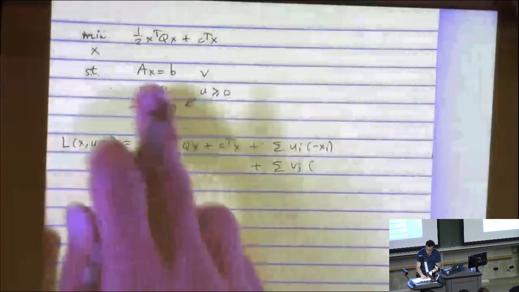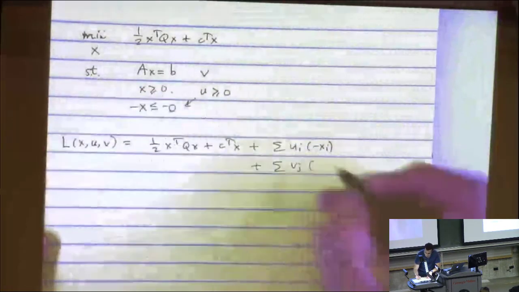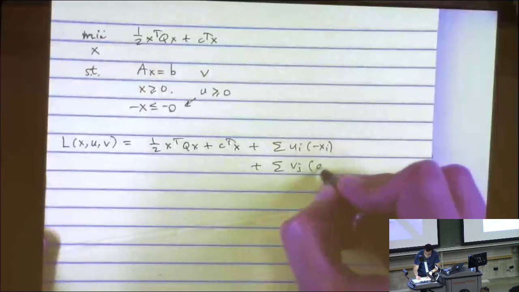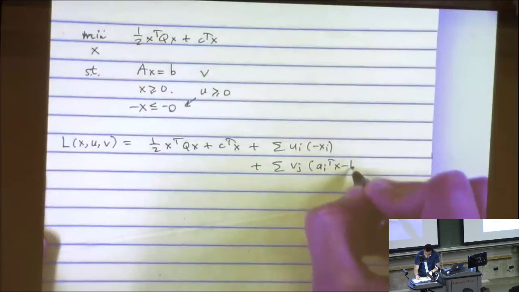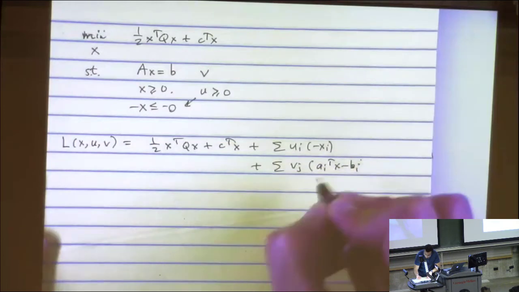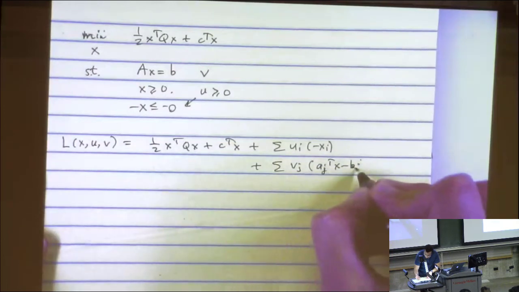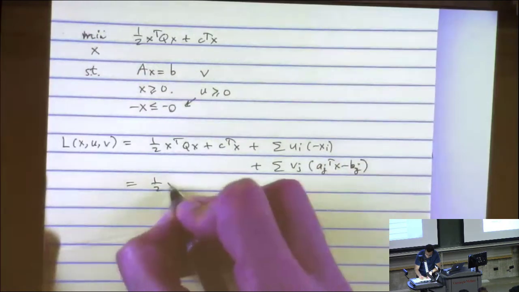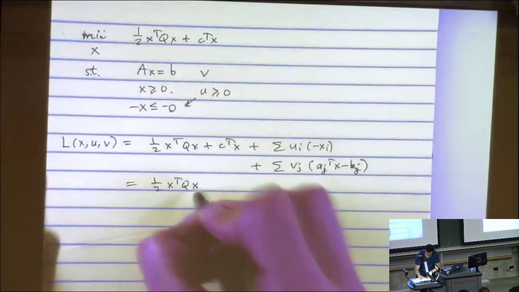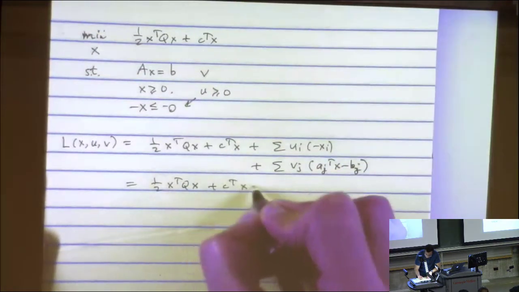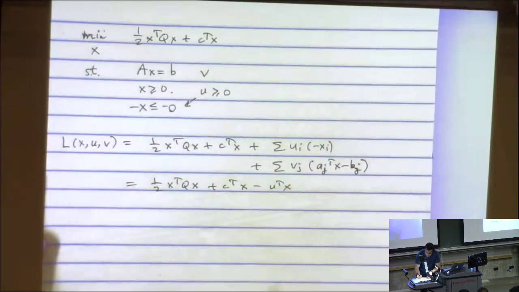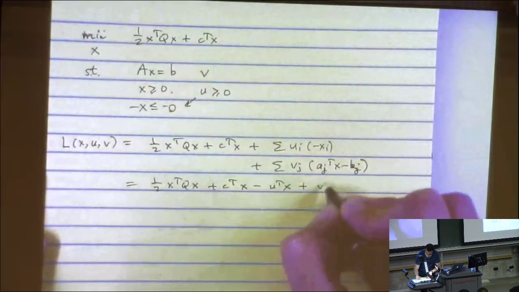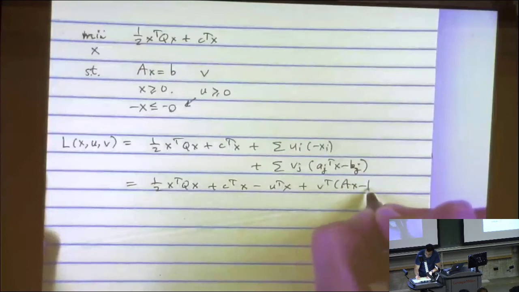So I can write this as something equal to 0, and that something is a_j transpose x minus b_j. And it's just more concise to write this as minus u transpose x plus v transpose (Ax minus b).